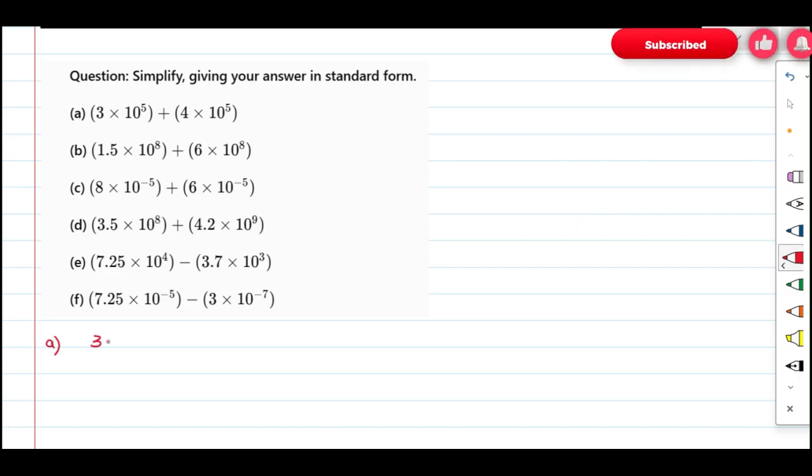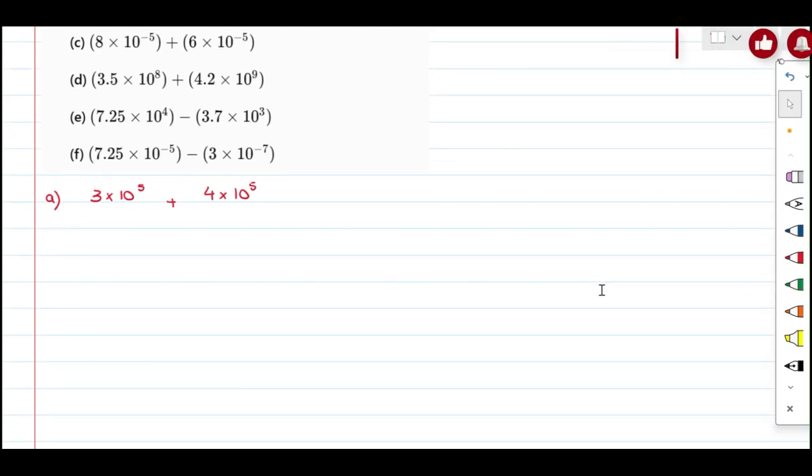Part A is 3 times 10 to the power 5 plus 4 times 10 to the power 5. Now in addition, just look at the power of 10. Here the power of 10 is 10 to the power 5 in both, so we can take it common.